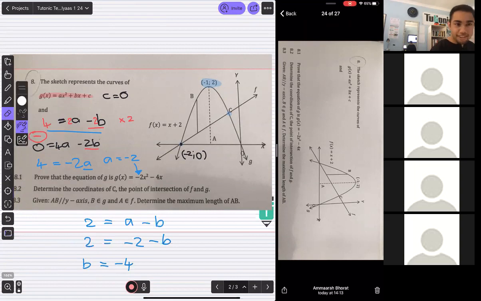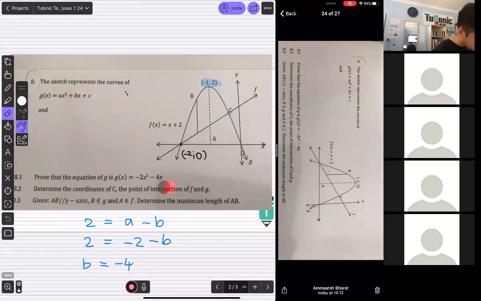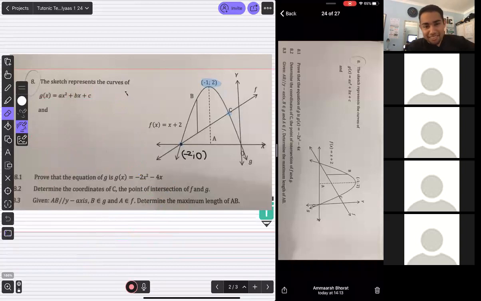So does everybody understand why the c is naught? Yeah, because the y-intercept is naught. I told Rivka this last time, but maths is a language, right? Maths is just a way of communicating ideas. So when they tell you something mathematically, you can translate that into English.